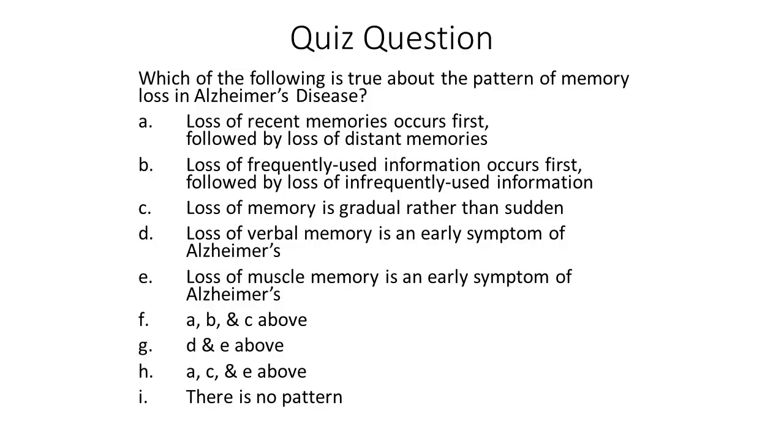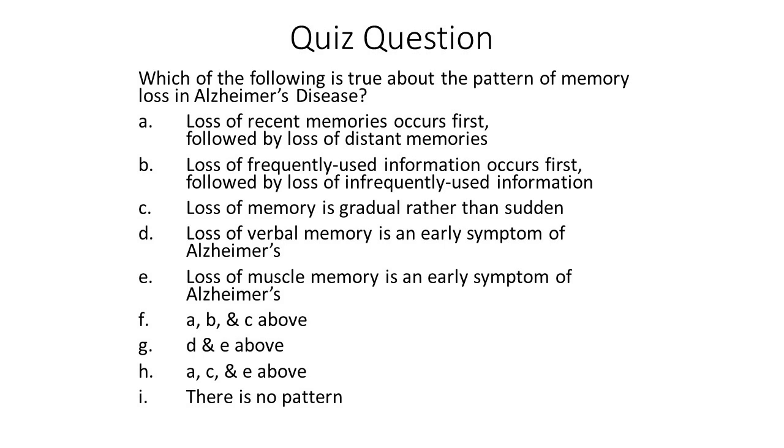Oh, I'm just busting to give you a quiz question. And it's a great way to start off this lesson. So here it is. Which of the following is true about the pattern of memory loss in Alzheimer's disease? A, loss of recent memories occurs first, followed by loss of distant memories.